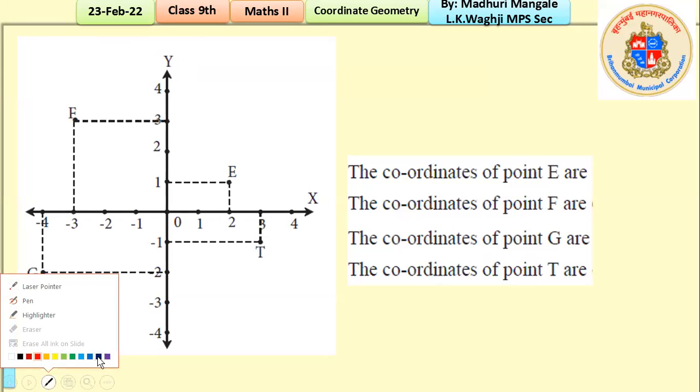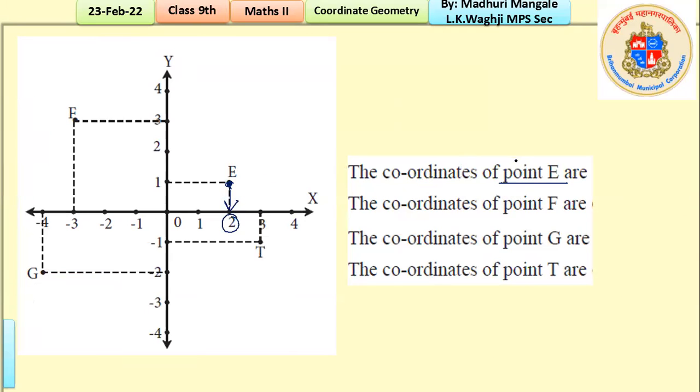I'll quickly start the writing tool here. Yes. So coordinates of point E. For E, we'll look at the x coordinate first, which is 2. So x is 2 here, and then look at the y coordinate. Y coordinate is 1. So that's the point E with the coordinates 2, 1.